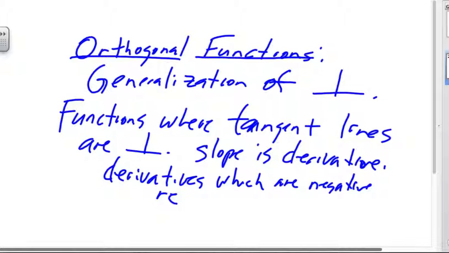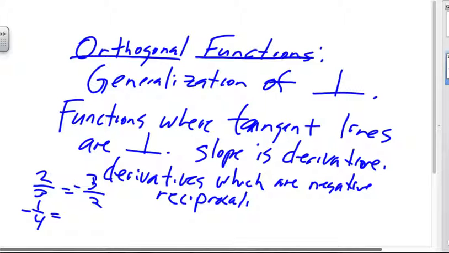And for those of you who don't remember what a negative reciprocal is, if you have 2/3, the negative reciprocal, you flip them, so it becomes 3/2, and then you change the sign. Or if you have negative 1/4, you flip them, it becomes 4, and you change the sign. Okay, so orthogonal functions.